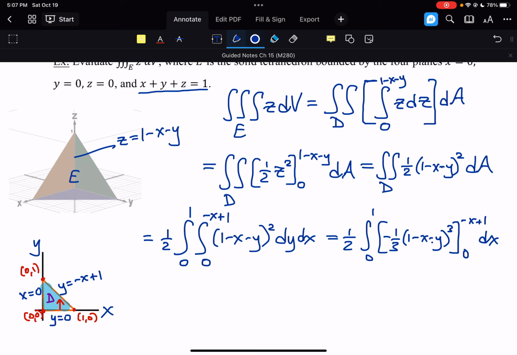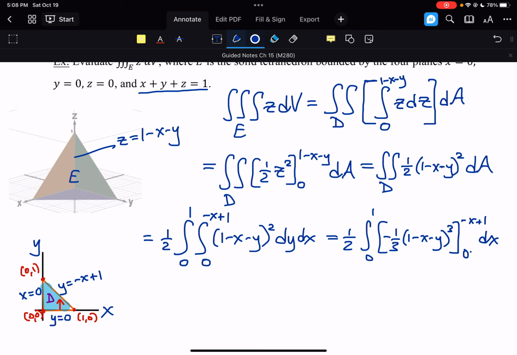That ends up getting rid of all of our x terms in that one, and then minus 1. So we end up with 1 minus 1, which is 0. So the whole first term turns into nothing.